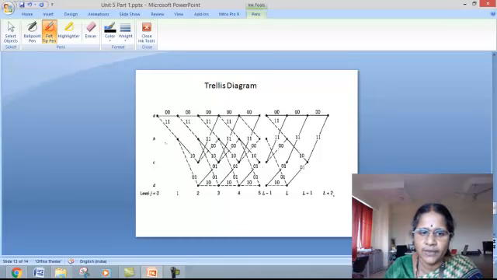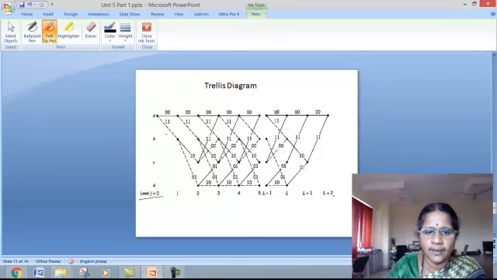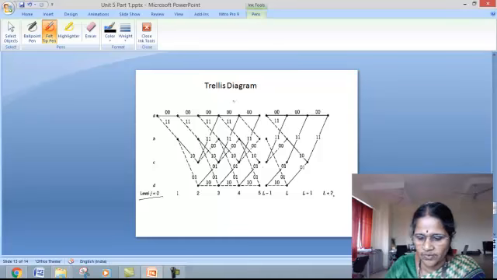The depth of this trellis diagram, that is the levels, can go to any extent. Once you construct this trellis diagram, it is just a concatenation of the trellis diagram when the number of bits is extended. Now, how to construct this trellis diagram?